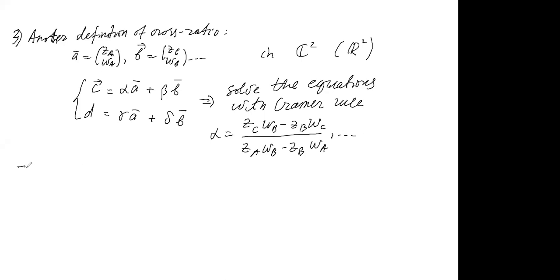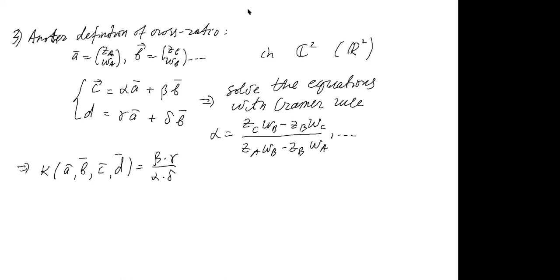And this gives us the following way to define cross ratios, by putting the small kappa of A, B, C, D to be equal to the ratio of beta gamma divided by alpha delta.